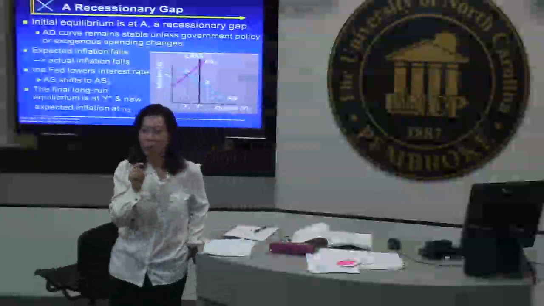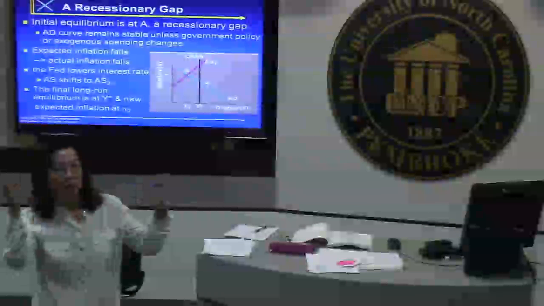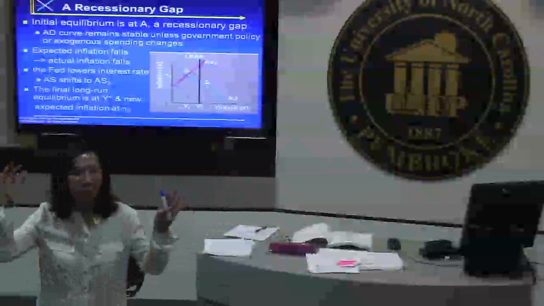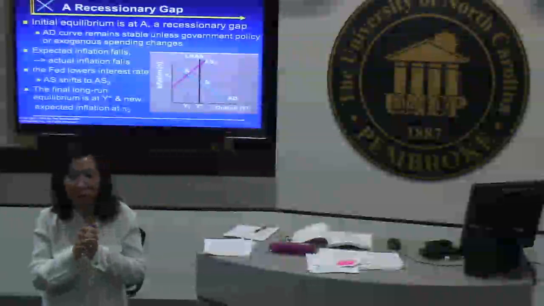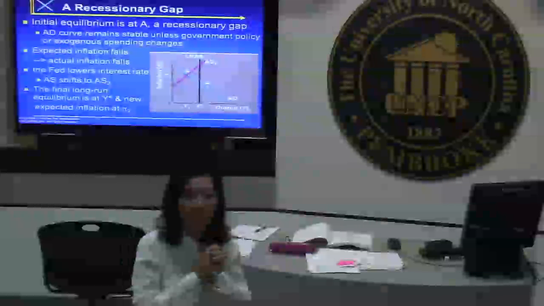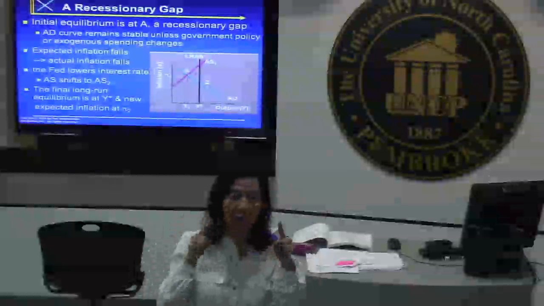What do we call point A? Give me a name, anybody. We have a name for it. Is it the actual output? No. At point A, where you have two lines intersecting, what do you think?